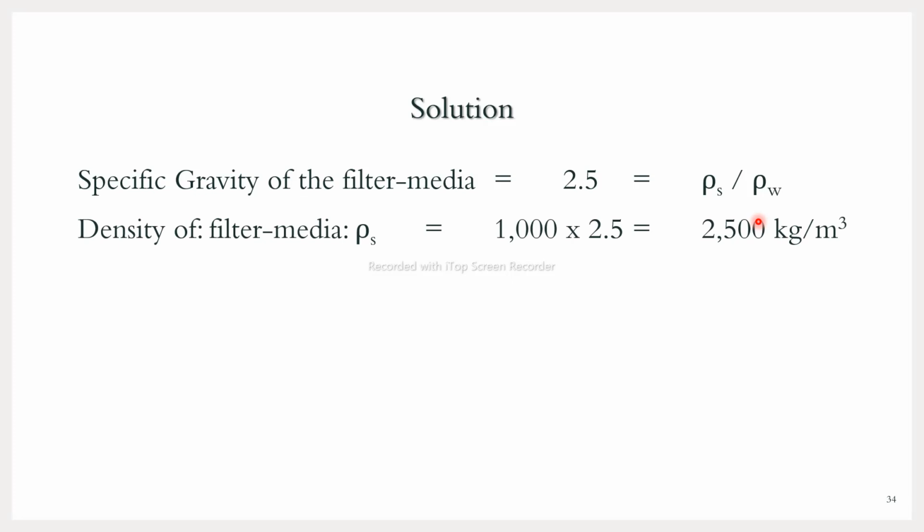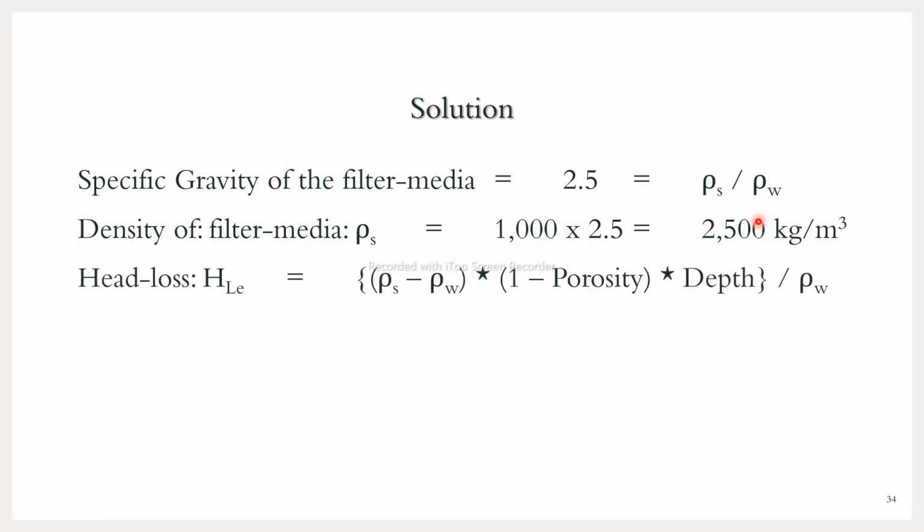Now the density of the filter media rho s becomes, as the specific gravity is given as 2.5, 1000 into 2.5, which equals 2500 kg per meter cube.